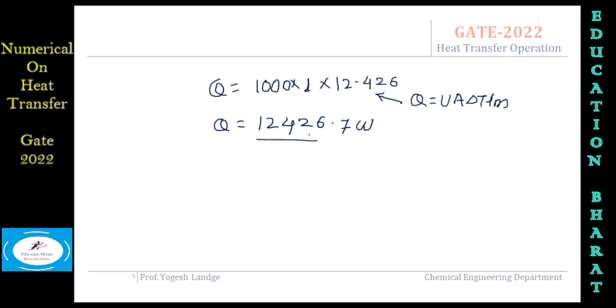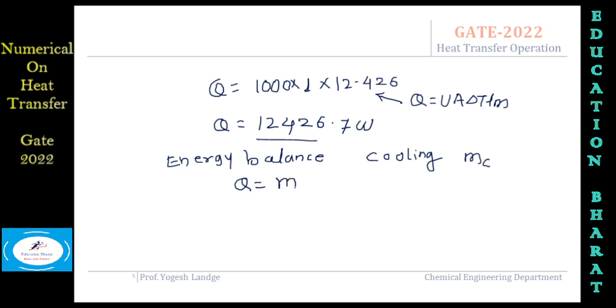Now what is the next step? Once we have calculated the value of Q, we use the energy balance equation, and we consider here the cooling water, because we have the data of the cooling water. Again we need to calculate the mass flow rate of the cooling water. So Q is equal to m, the mass flow rate of the cooling water, into the specific heat of the cooling water, which is mentioned, and the temperature difference, that is TCO minus TCI.